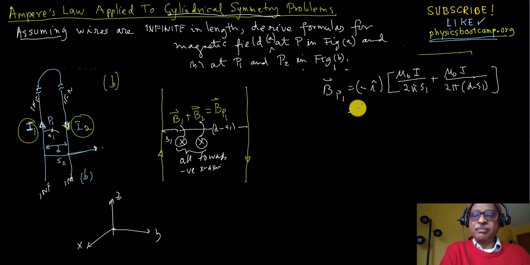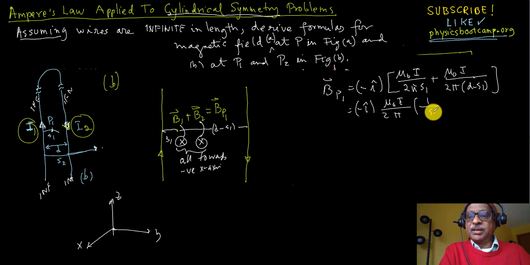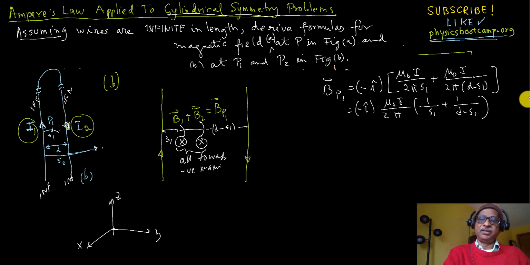So this is just minus i hat mu naught I over 2 pi, times 1 over S1 plus 1 over D minus S1.